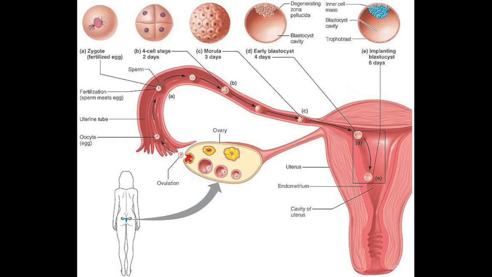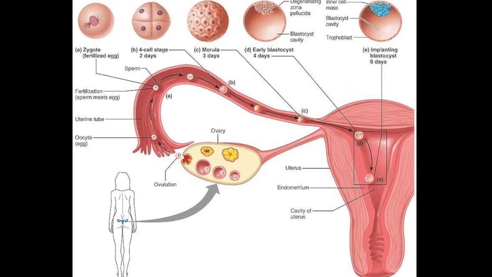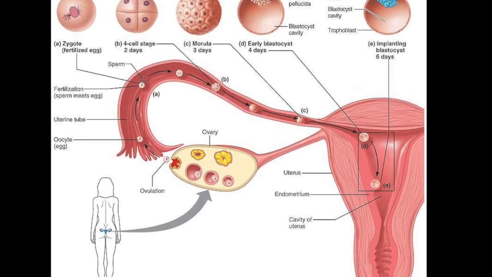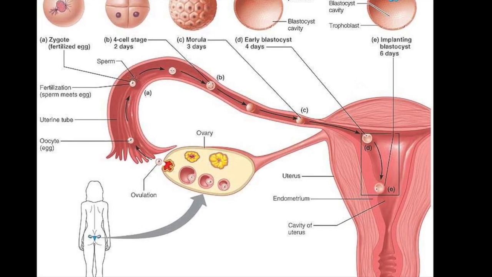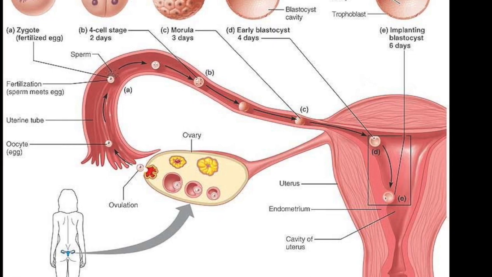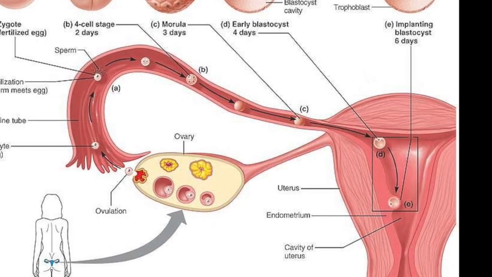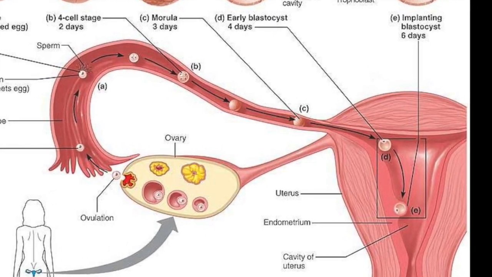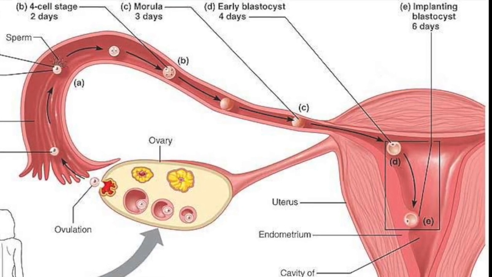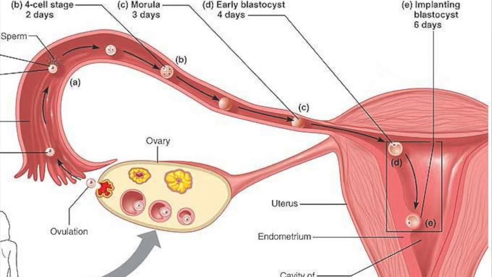Now, if fertilization does not happen after about 2 to 3 days or so, and then implant within another 4 days, so by day 7, if it doesn't get implanted, then by day 28, the entire lining of the uterus will slough off and she'll have her period.